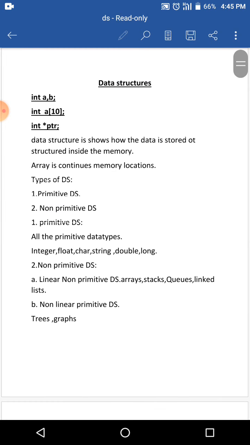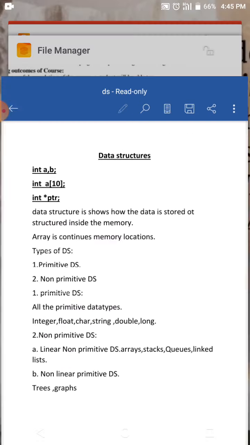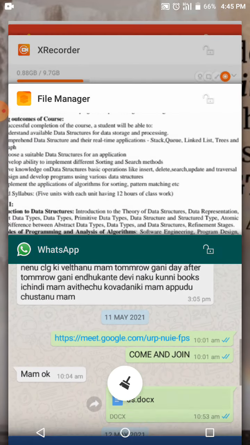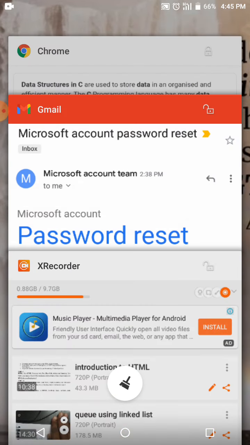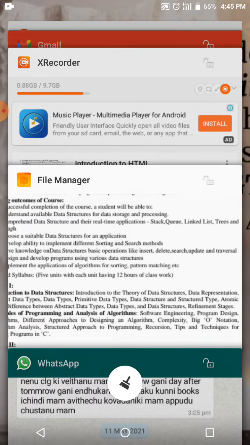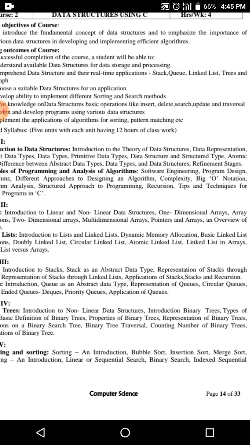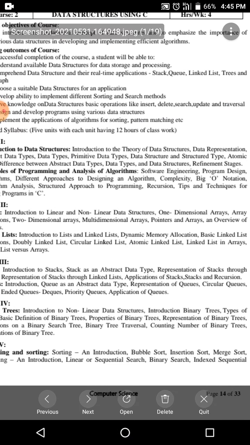So in the next part we will see the different types of data structures and algorithms also. This is the basics of data structure. We have to know one thing, that data structure is the arrangement, or organizing, of the data in the memory.